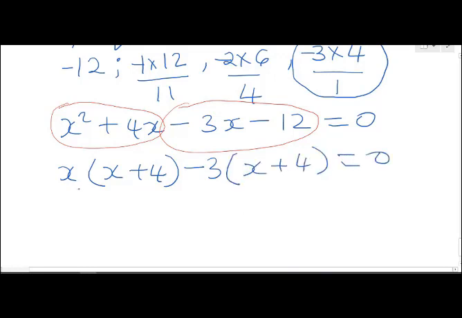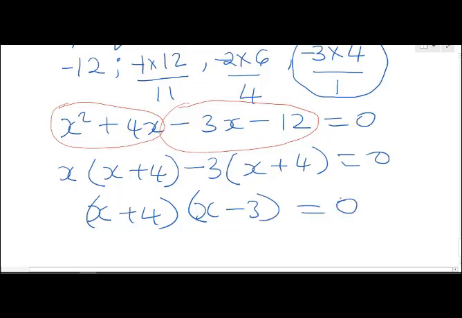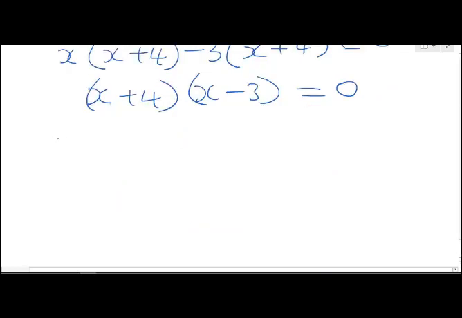We further realize that the bracket is common. So if we factor the bracket out, we're going to get x plus 4. Here we are left with an x, and here we are left with a 3, is equal to 0. And in this case, we have to make two choices. My first choice will give me my first answer. I'll divide both sides by x plus 4.